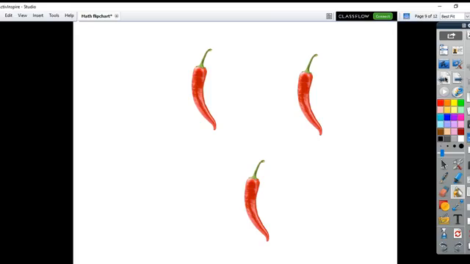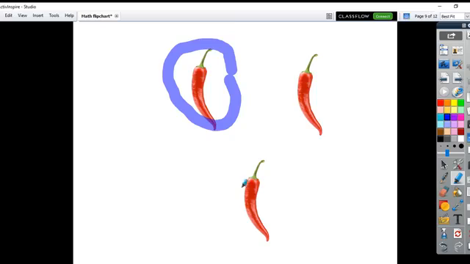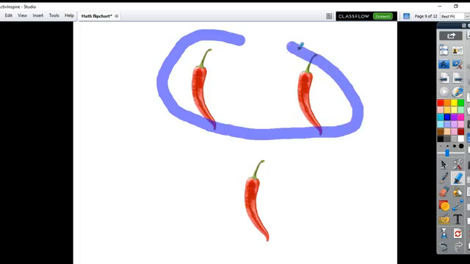But again, how did you see that 3? Did you see 3 and no other parts? So you saw 3 and 0. Did you see 1 and then 2? Did you see 2 and then 1?